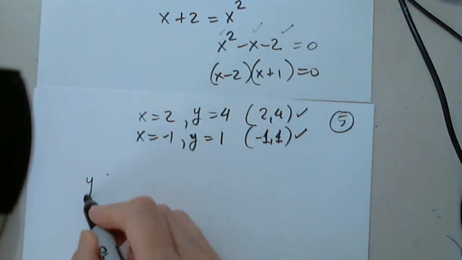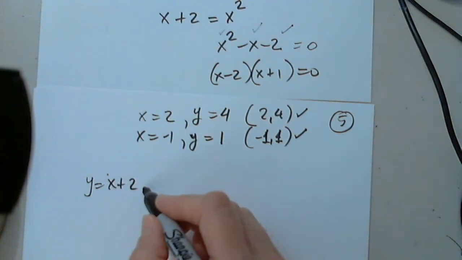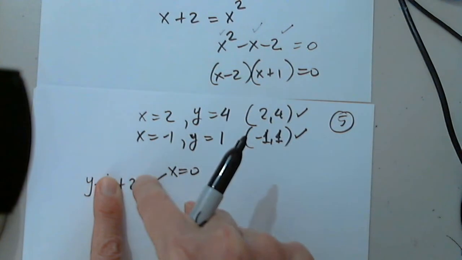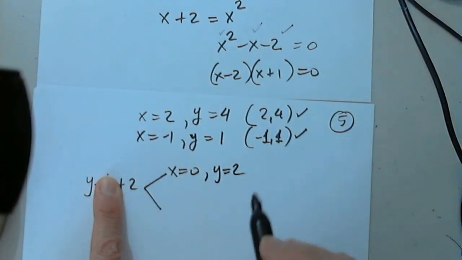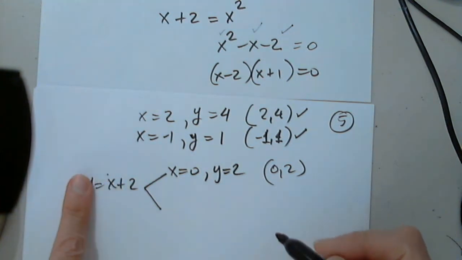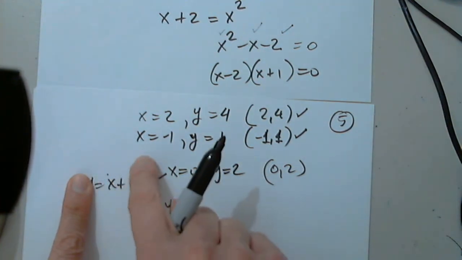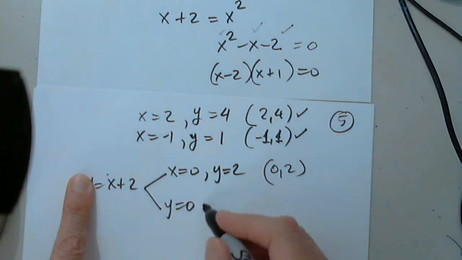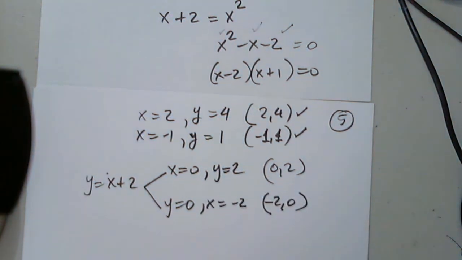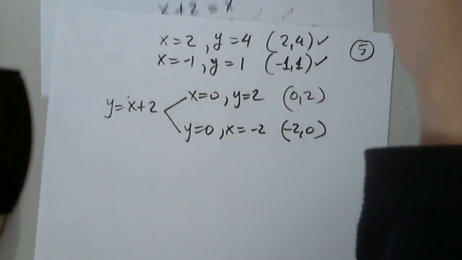So now I look at y equals x plus 2, which is easy. It's a line. When x is 0, y is 2. So 0, 2. When y is 0, x is negative 2. So negative 2, 0. So now I have the first graph.